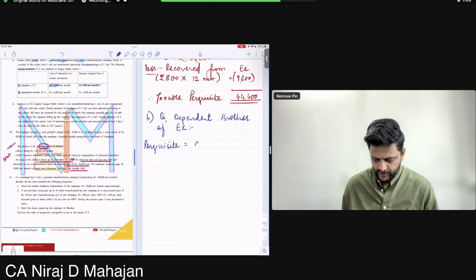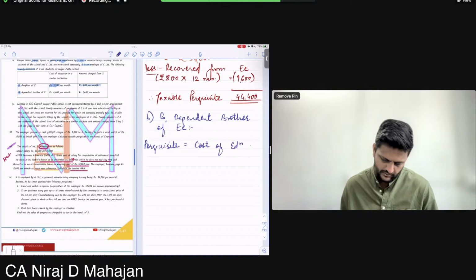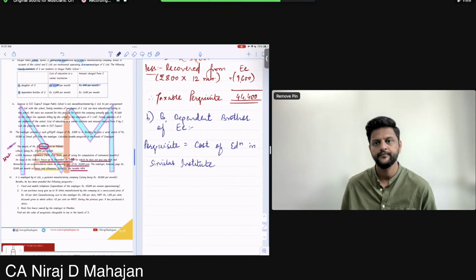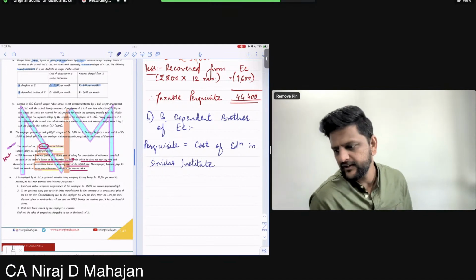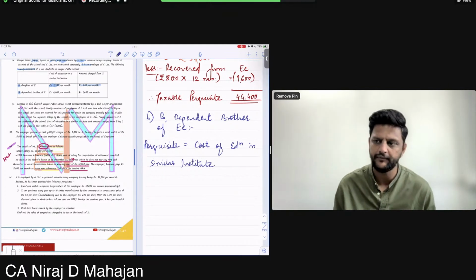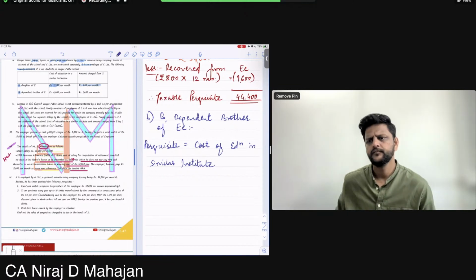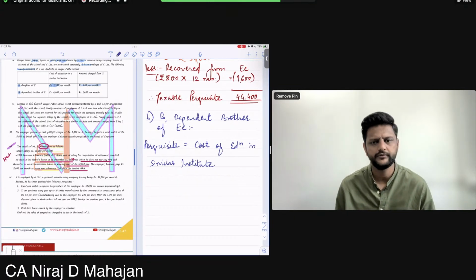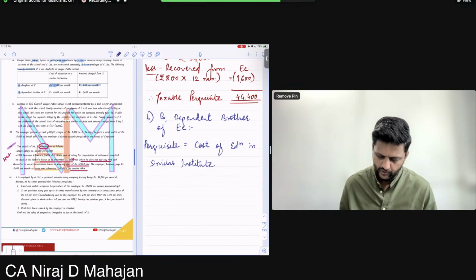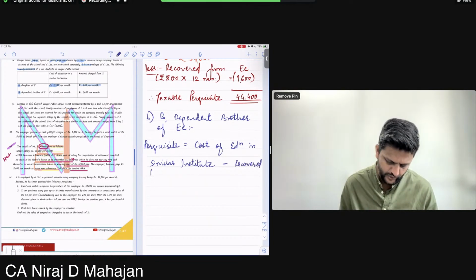Again, cost of education in similar institute. Will you reduce or no? Now rupees 1,000 per month per child. He's not a child, by the way. Even for others' child we don't allow. Correct? Only own self child. So less only what? Recovered from employee. That obviously we can reduce.